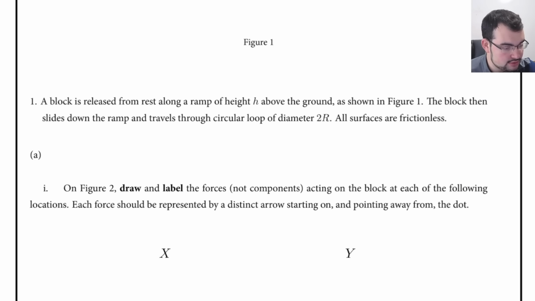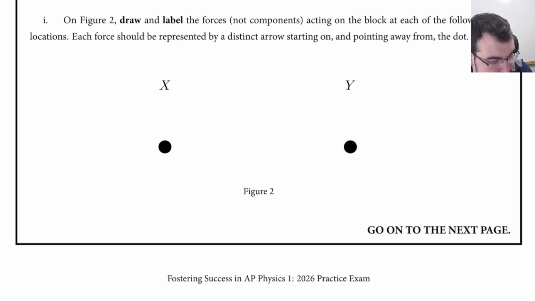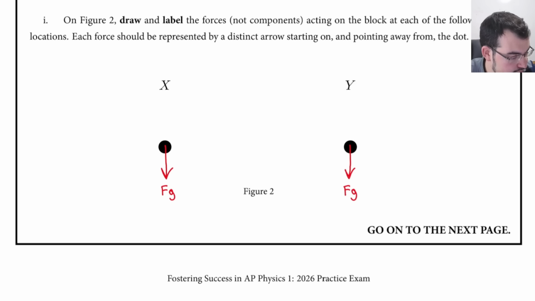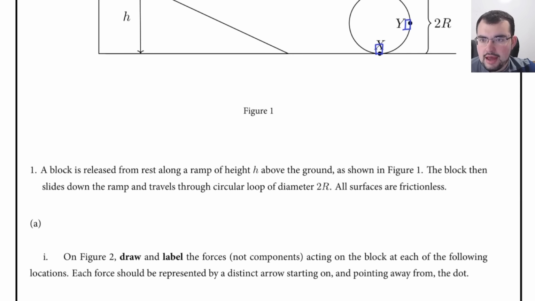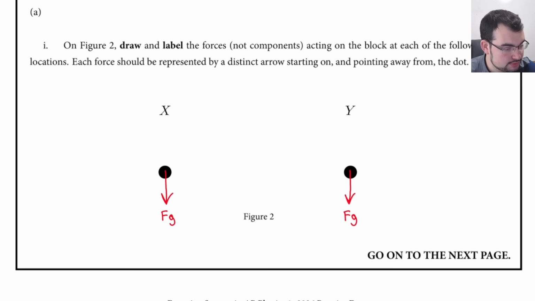So what are the forces? Well, absolutely, we know that at both positions, we're going to have a gravitational force directed downward. And then at position X and position Y, well, the only other thing touching this object is the loop or the surface itself. So the only other force we're going to get is a normal force.